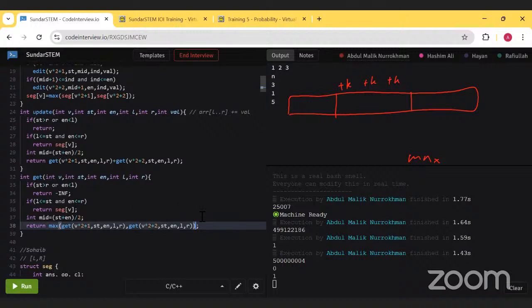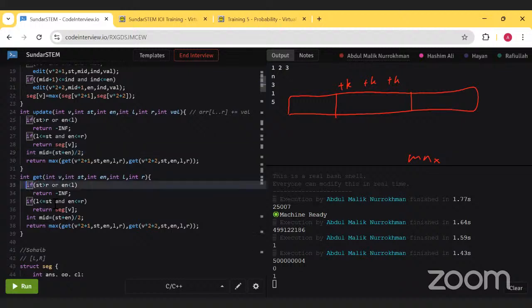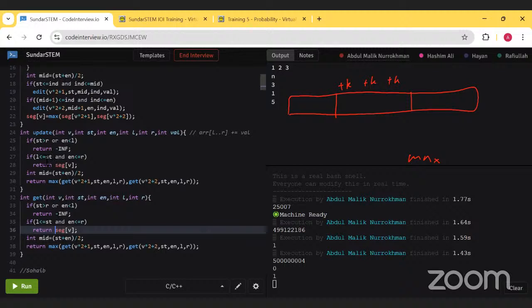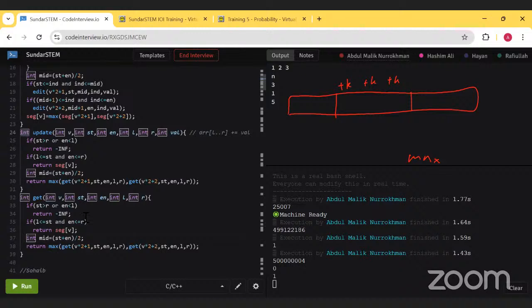Then how to update range at once? The implementation is like the query, because we want to update range, while here we want to query range or range query.